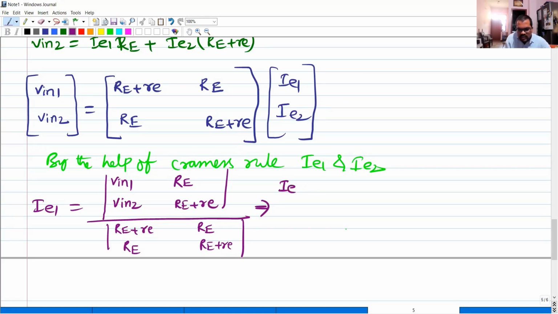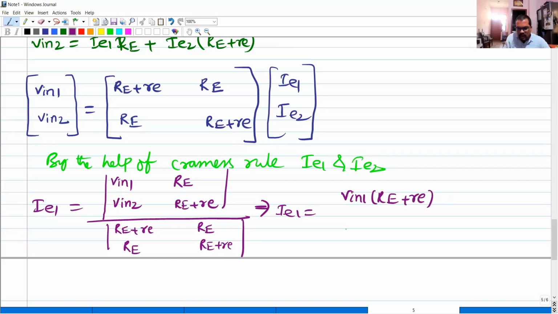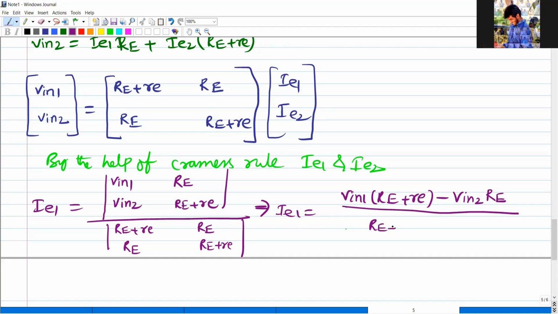IE1 is equal to Vin1 into capital RE plus small re, minus Vin2 into RE, by RE plus RE whole square minus RE square.